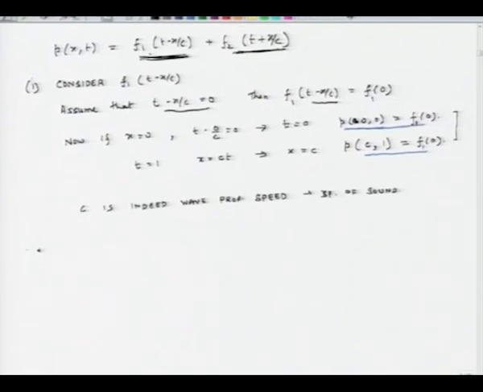So, the second inference from this is that, for the specific case t minus x over c equals 0, let us say I plot t and x.